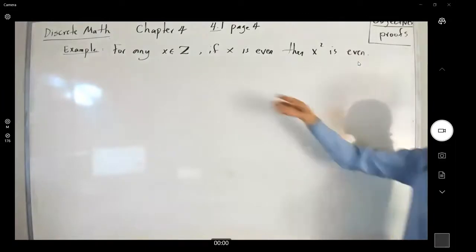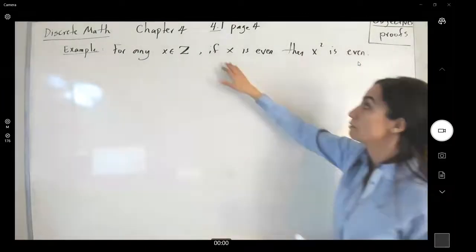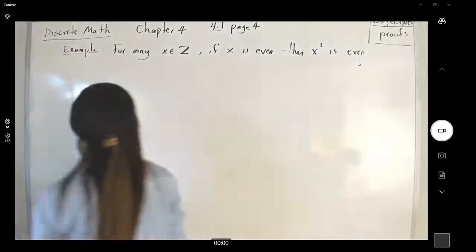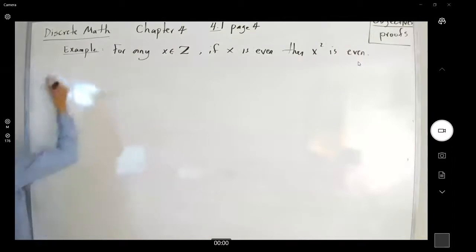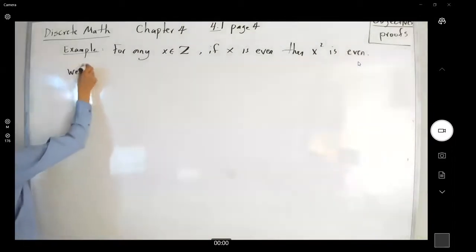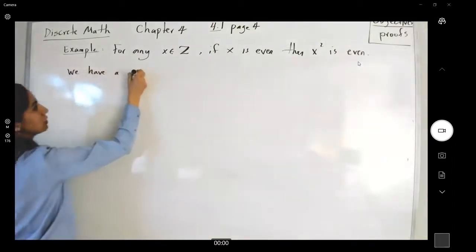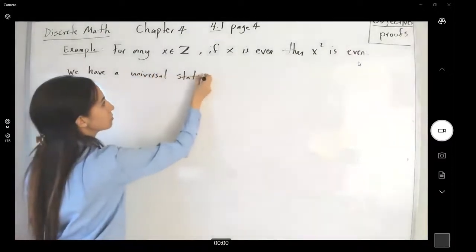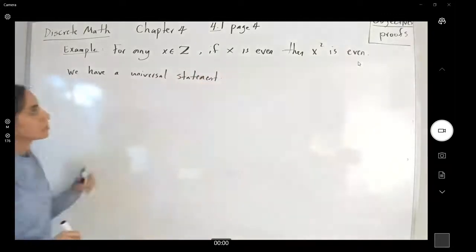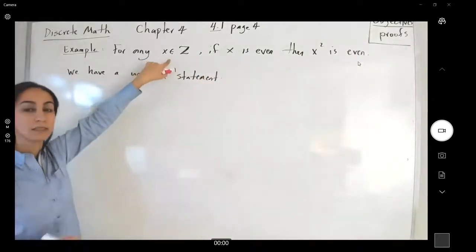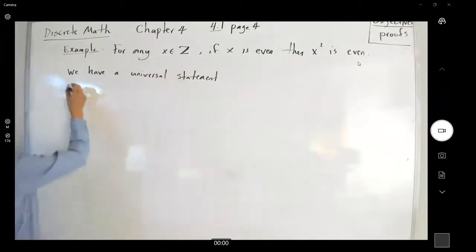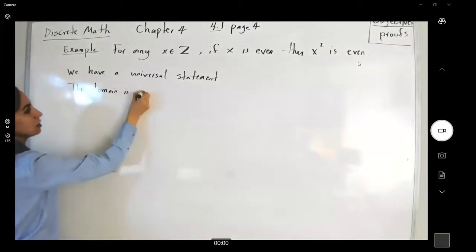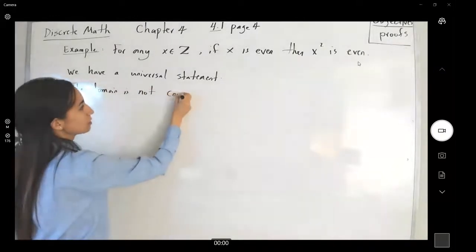So we have a universal statement, am I right? We have a hypothesis, and then we have a conclusion. Note that the domain is Z, and the domain is not countable.